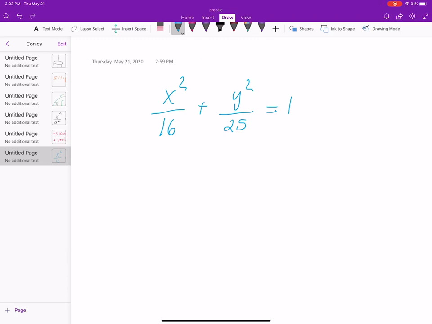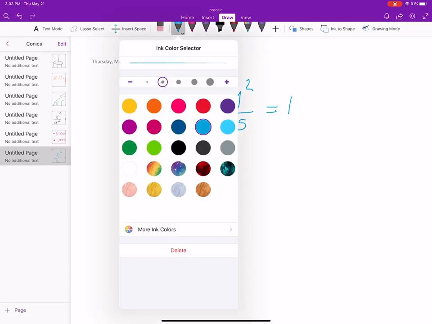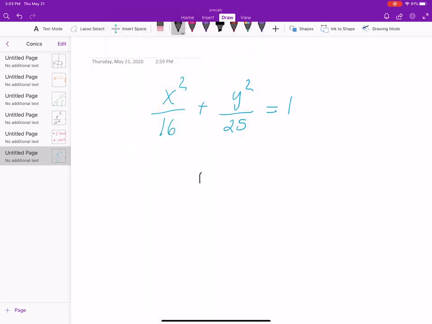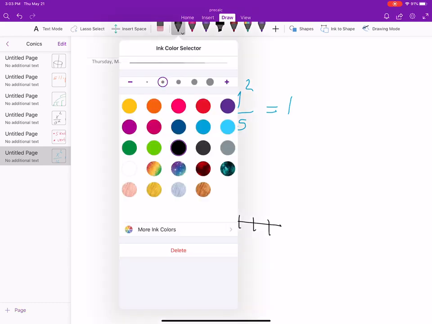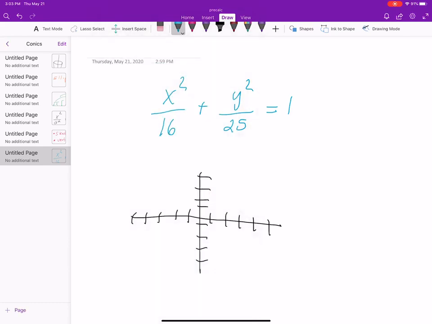We can even do the eccentricity. I'm going to make a darker version for a graph here, and put some tick marks on. Alright, so now we're ready to graph this thing.